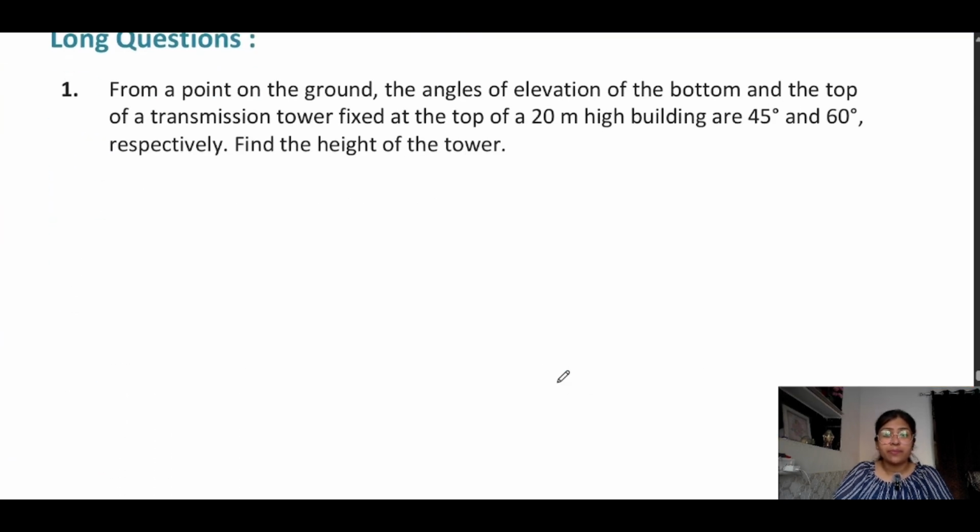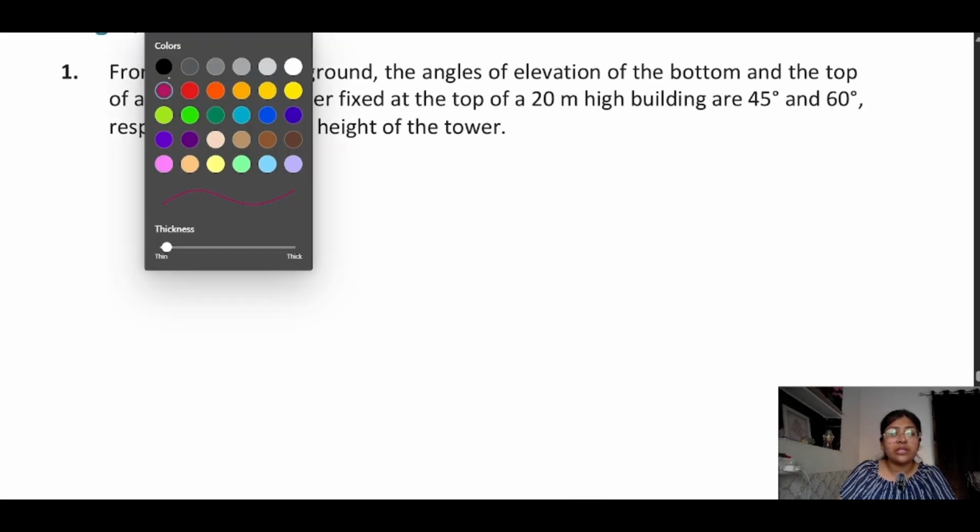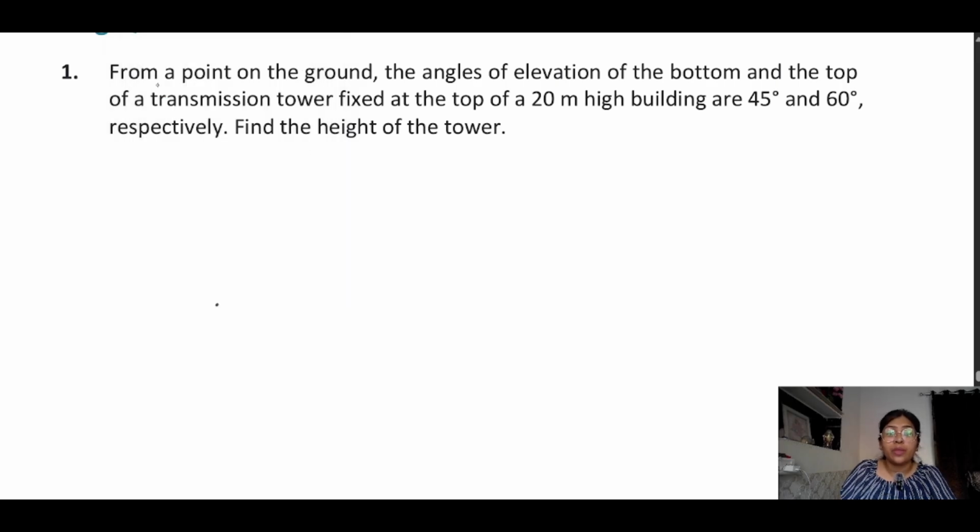Yes, try this. Read the question and try to form the figure on your own. From a point on the ground, the angle of elevation of the bottom and the top of a transmission tower, which is fixed at the top of a 20-meter high building.